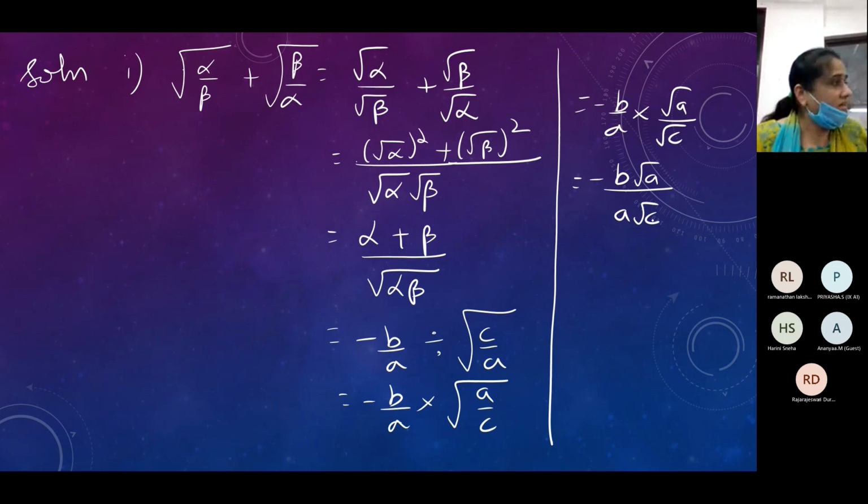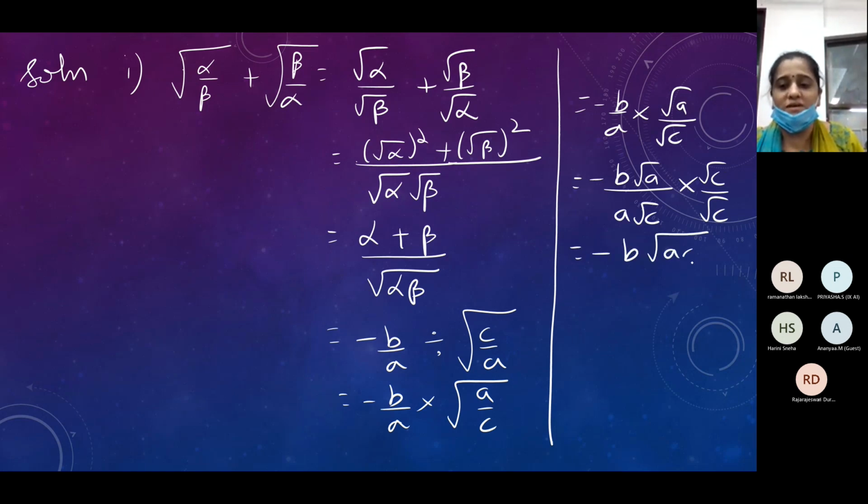So again it's irrational in the denominator. So let's rationalize into root c by root c. So minus b root of ac by ac. All right. Yeah. So second one.